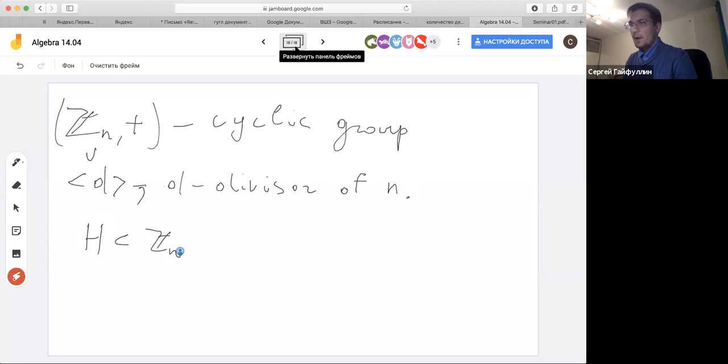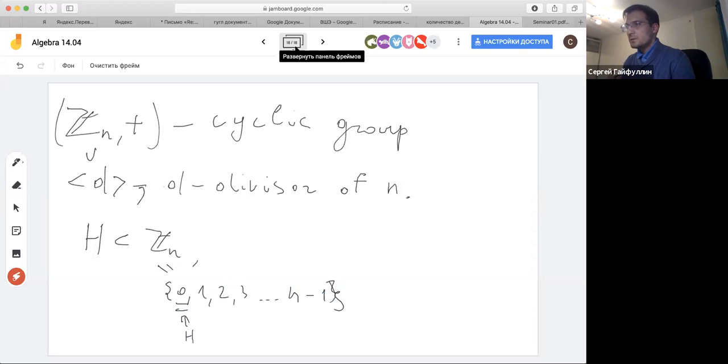So there are some elements. The group consists of 0, 1, 2, 3, up to n minus 1. Some of them are elements of H, and 0 is an element of H, because H is a subgroup and the neutral element must belong to H.